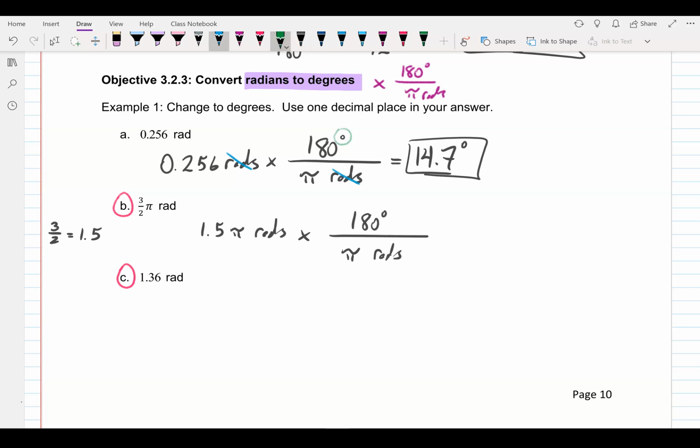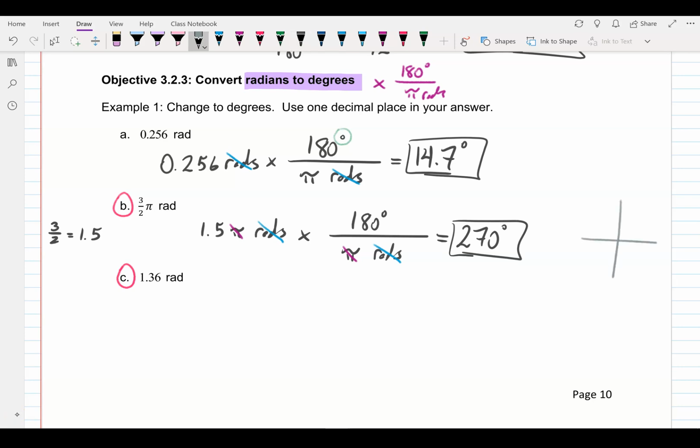The neat thing here is that radians will cancel, but pi will cancel as well. If that doesn't work out for you, you can convert 1.5 times pi into a decimal and just work it out that way. That'd be fine too. In the end, we get 270 degrees.